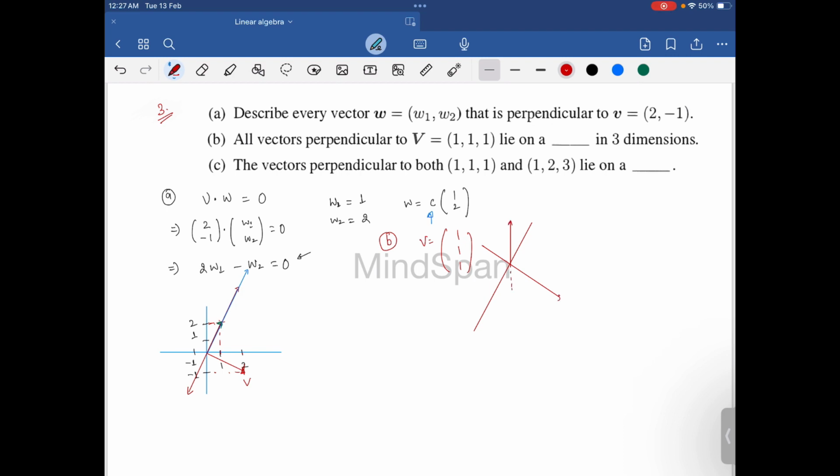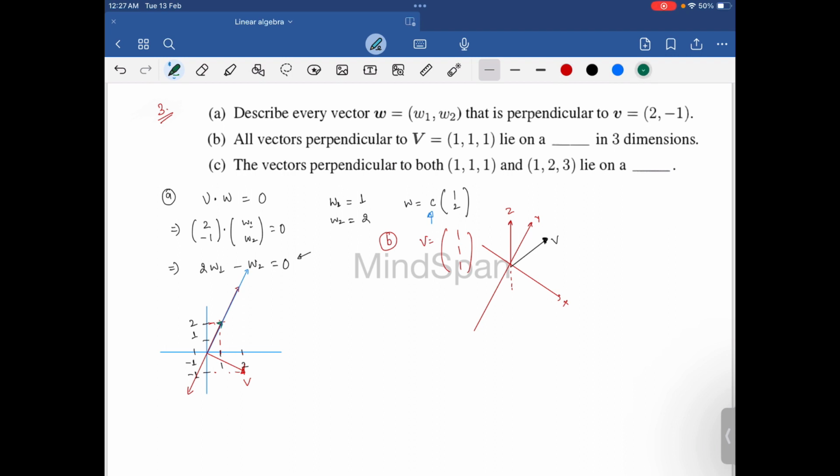Let's suppose this one is x, y, and this is z, and this vector v will be here somewhere. Now all the vectors that are perpendicular to this vector v will be where? Basically, if we do not want to visualize it, how can we answer it?